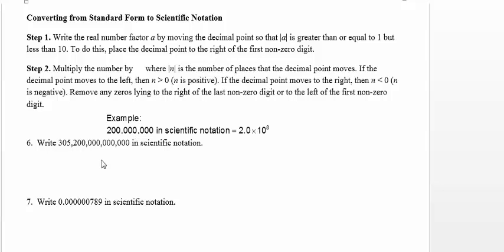All right, so here we have a number that we want to write in scientific notation. Let's apply step 1. So we notice that the first non-zero digit here is 3. So I'm going to place the decimal to the right of 3, and then I copy 0, 5, 2.